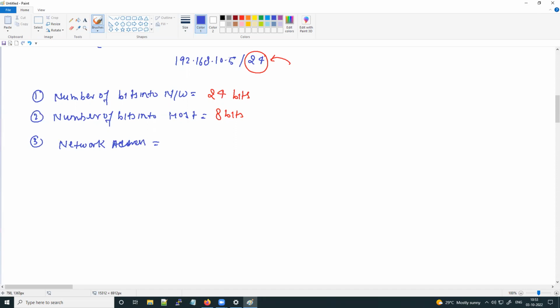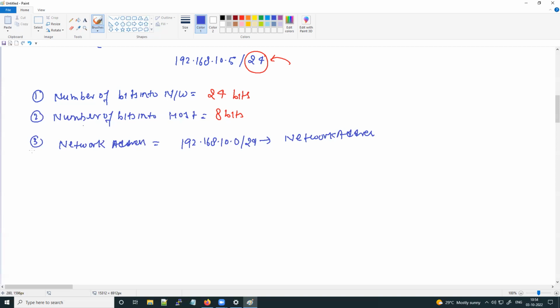So we have to make this bit 0 and the rest would remain the same. 192.168.10.0/24. This is the network address.